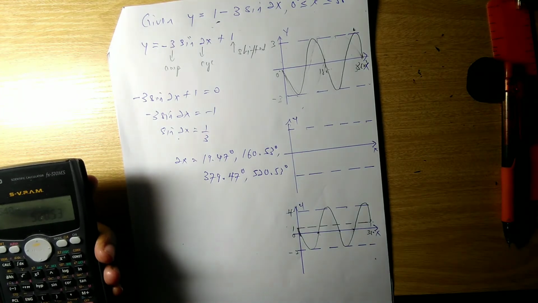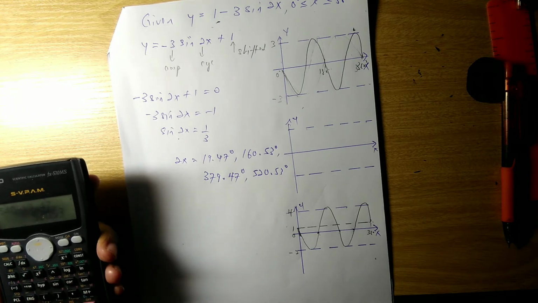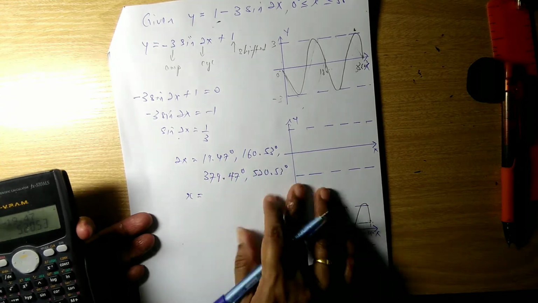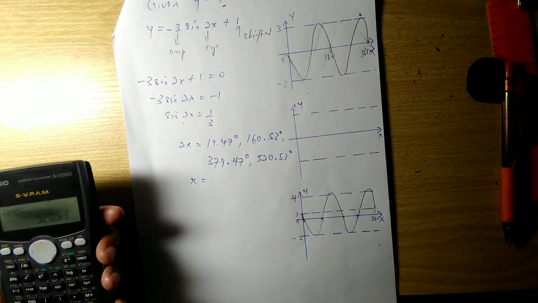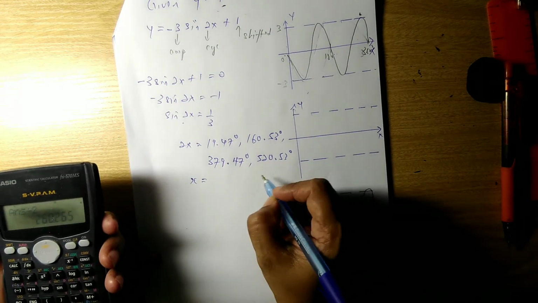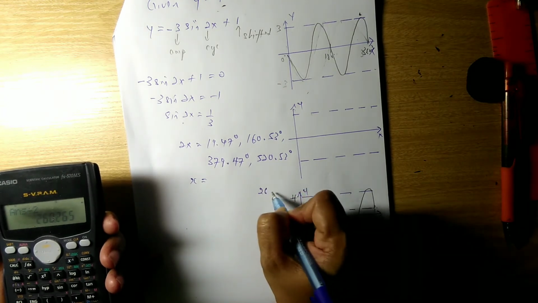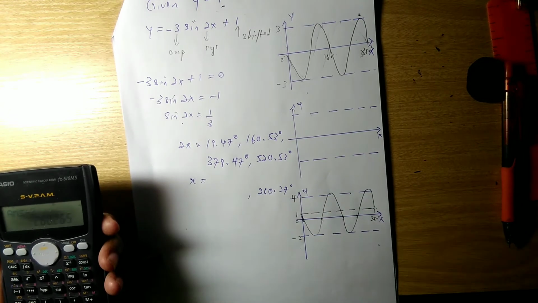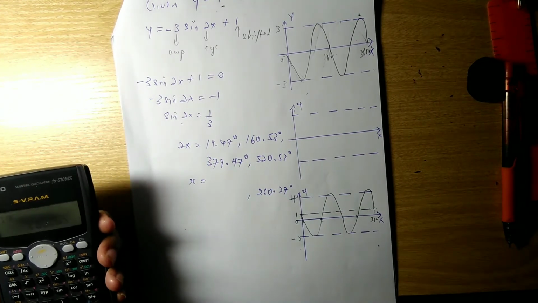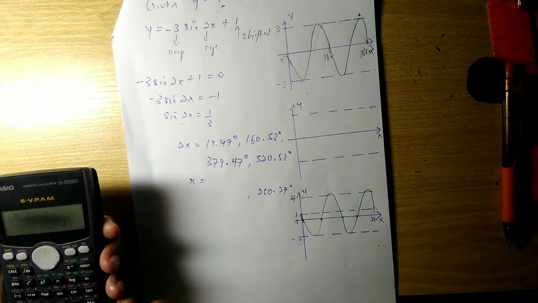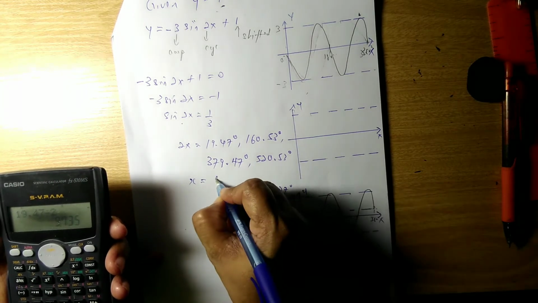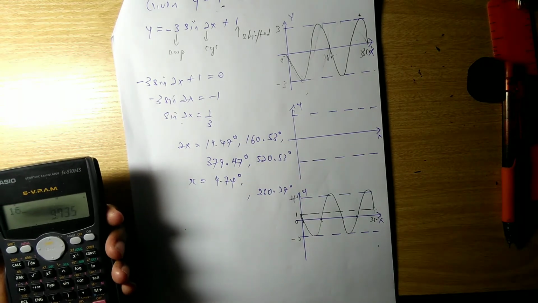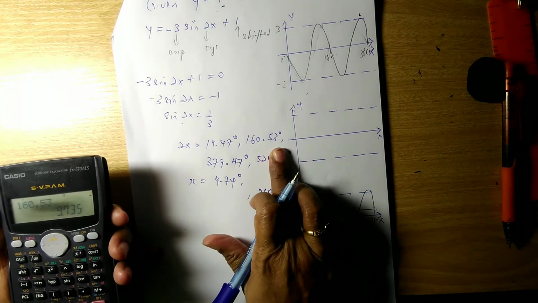If we want x, each angle is divided by 2. So 19.47 divided by 2, I get 9.74. Then 160.53 divided by 2, I get about 80.27.